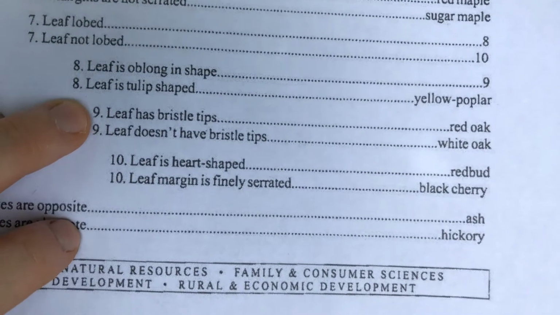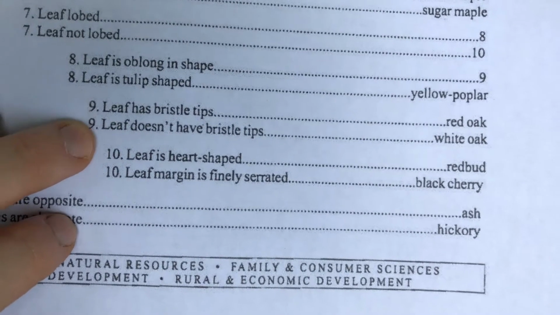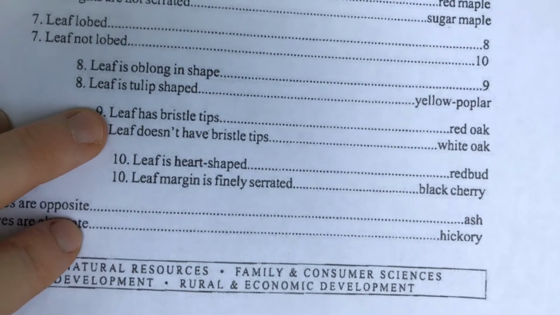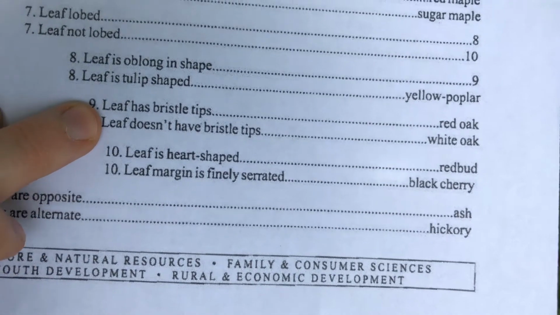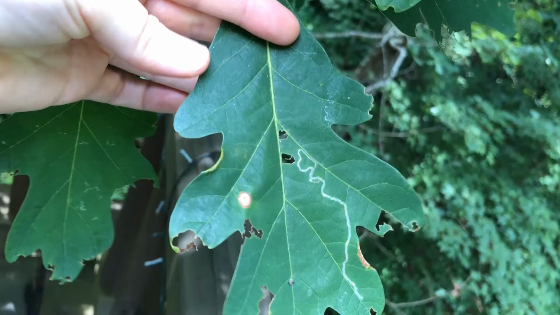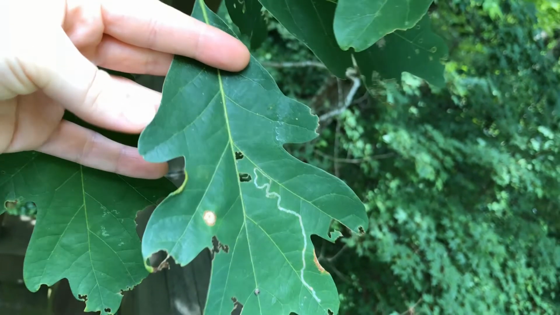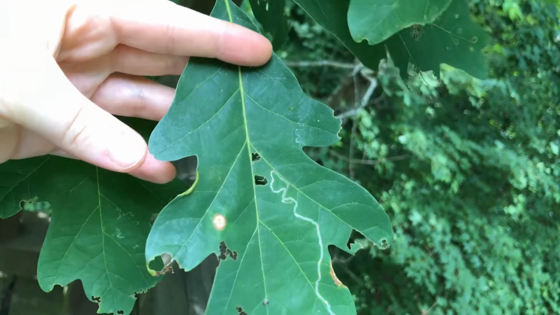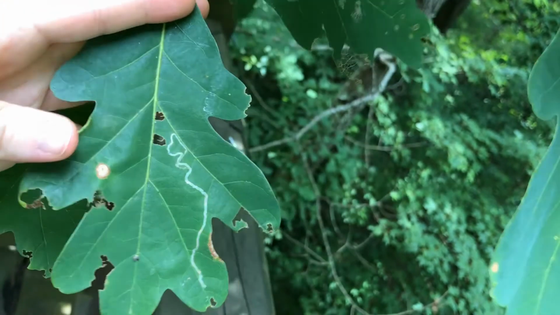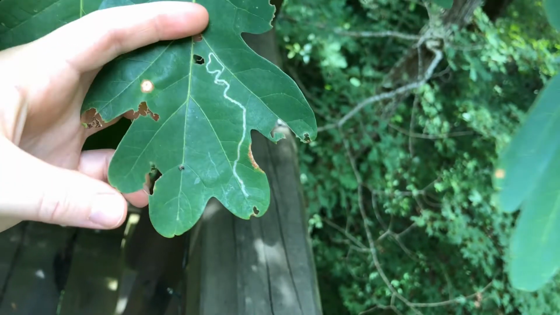Now, number 9, does it have bristle tips or no bristle tips? Now, a bristle tip would be pointy on the ends, right? So you think the tips of this, they would be pointy instead of rounded like they are. So this leaf definitely does not have pointy tips.